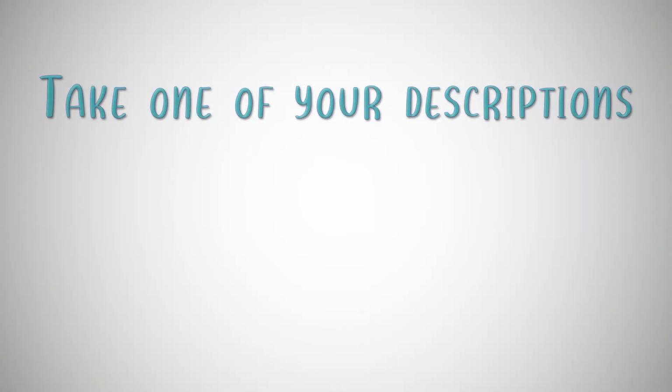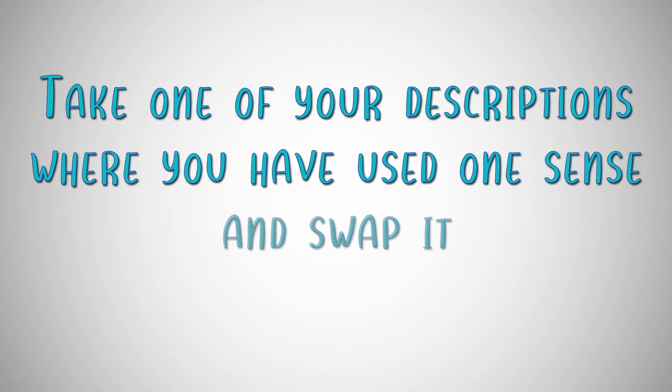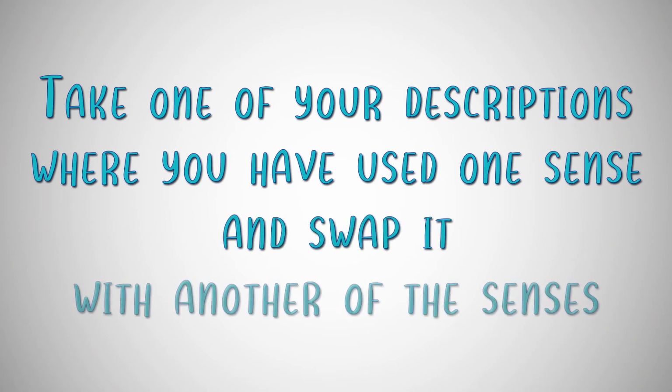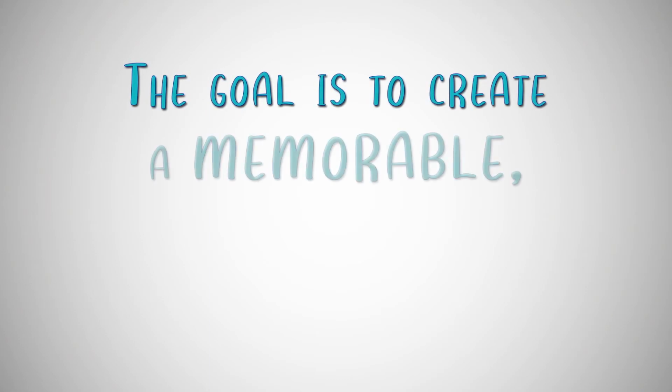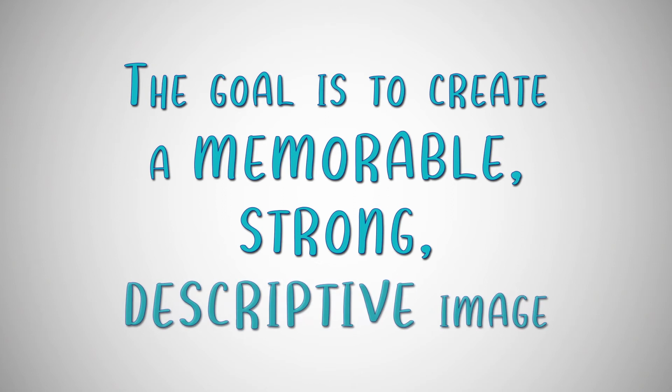Take one of your descriptions where you have used one sense and swap it with another of the senses. The goal is to create a memorable, strong, descriptive image. Here are a couple of examples that I've been working on.